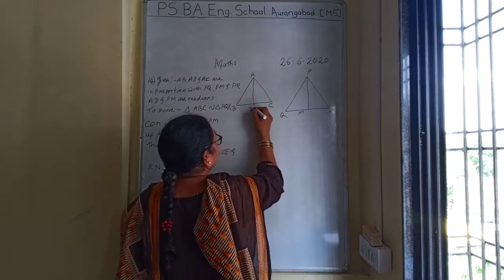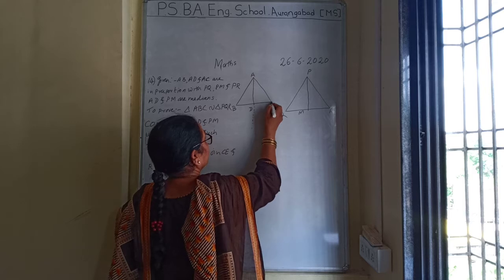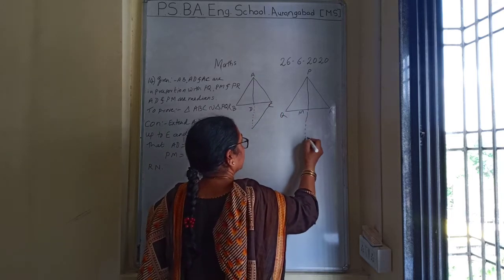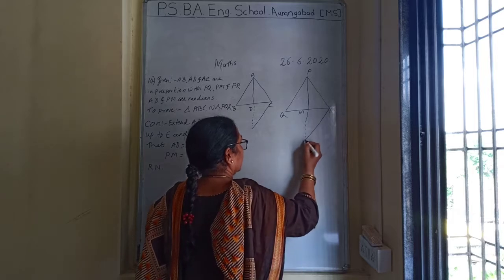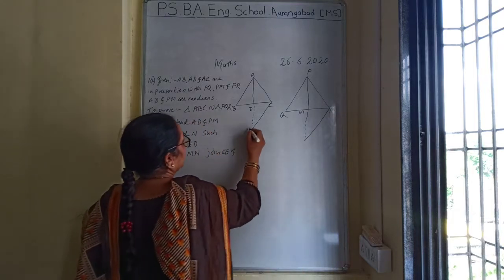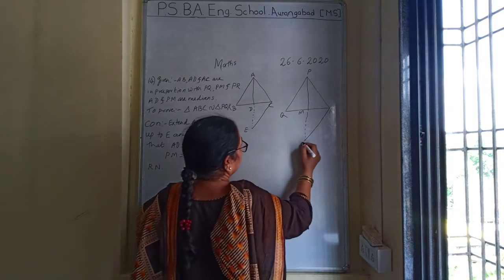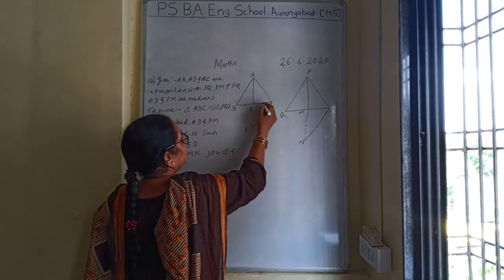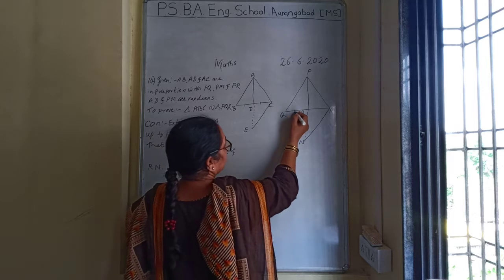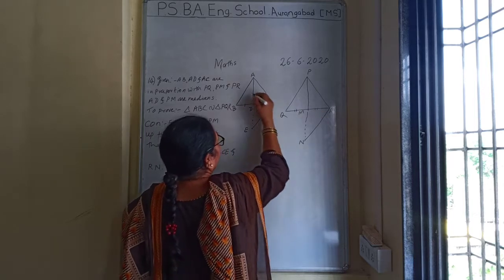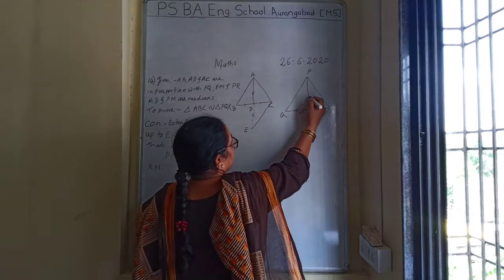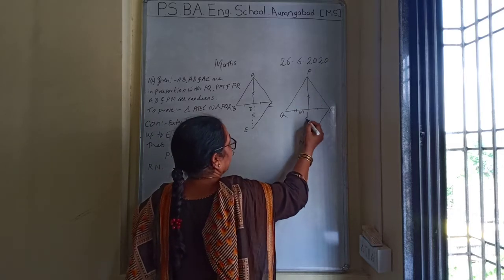So the construction will be like this. Correct? Now here will be point E and here will be point N. Here AD is median, so these two are equal. These two are equal. Now this side and this side are equal, and this side and this side are equal.